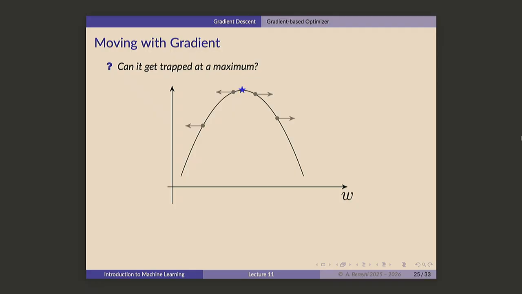That could happen. But what is the chance that you generate a random point and it's exactly the maximum? The chance is 0. The chance of touching one point on this plane is 0. That is not happening. But the point is that anywhere around it, I am going to get out of it. So the algorithm would never take me to get stuck at the maximum.